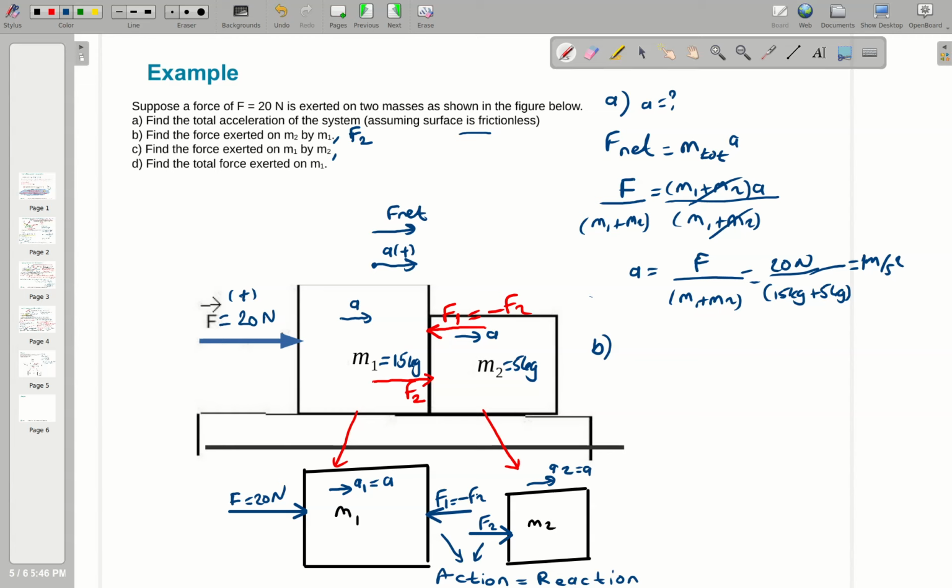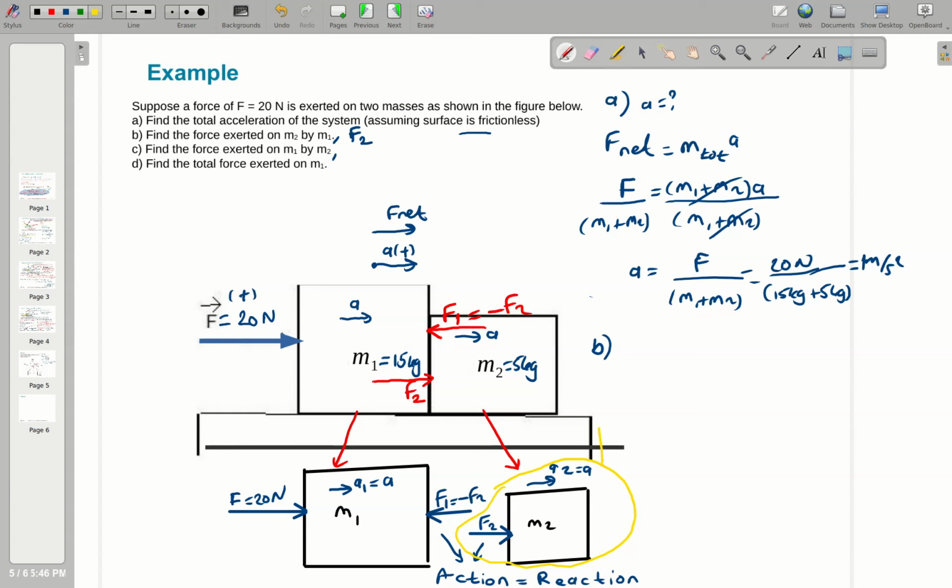Now find the force exerted on M2 by M1. This is my system. I'll pick another color here. To find the force applied to M2 by M1, I'm again going to call this F2.